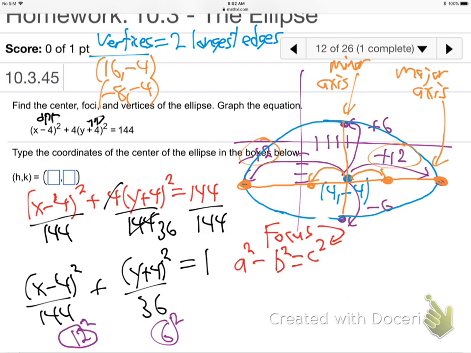And in a few minutes, when we get through 10.3 and we get on to 10.4, the hyperbola equation is going to be so similar. It's exactly the same as the ellipse, except instead of plus in the middle, it has minus right here. And then the focus equation for the hyperbola will have, instead of minus, plus. So it's exactly the same thing, just reversal of both signs.